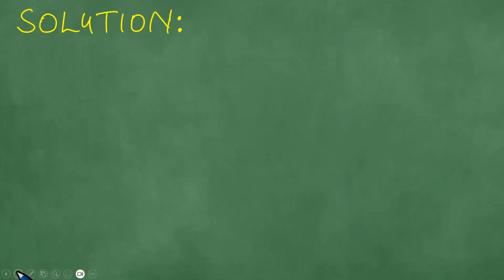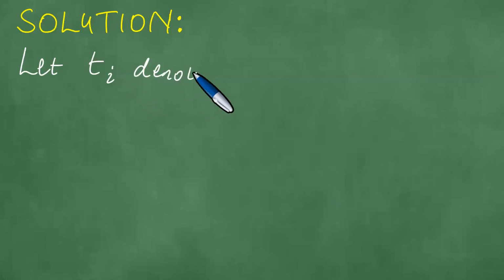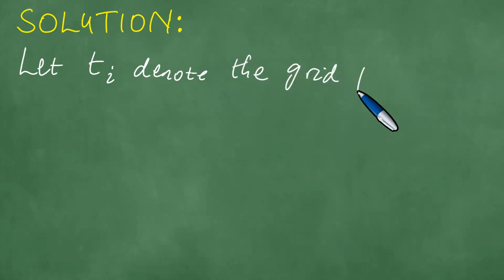So we're in a position to do the following. What are we actually doing here? Because we are speaking about the change in t, we let t sub i denote the grid points.